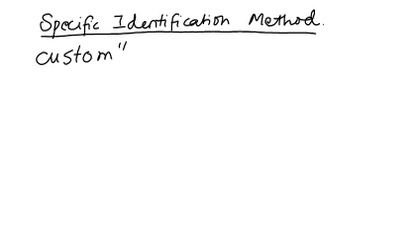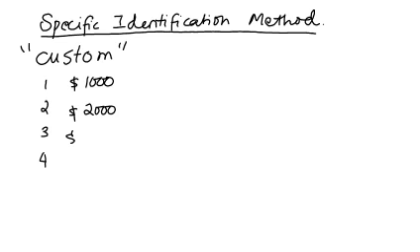The keyword is custom. So in their store, they have several pieces of jewelry and the costing on four of them is shown here as an example. Now the first one costs $1,000, the second one costs $2,000, the third one costs $500, the fourth one costs $600. This is the cost to the company.